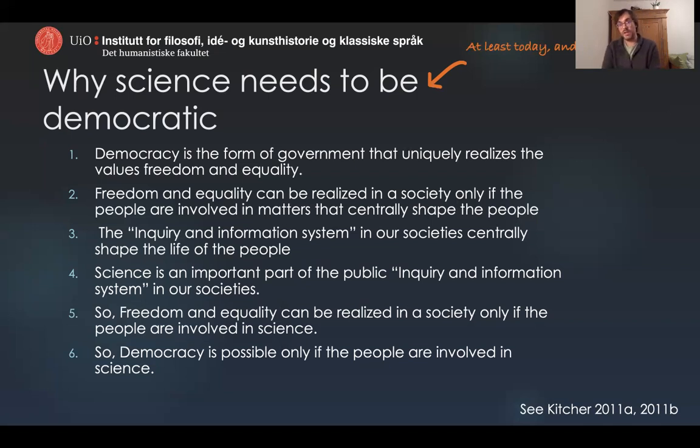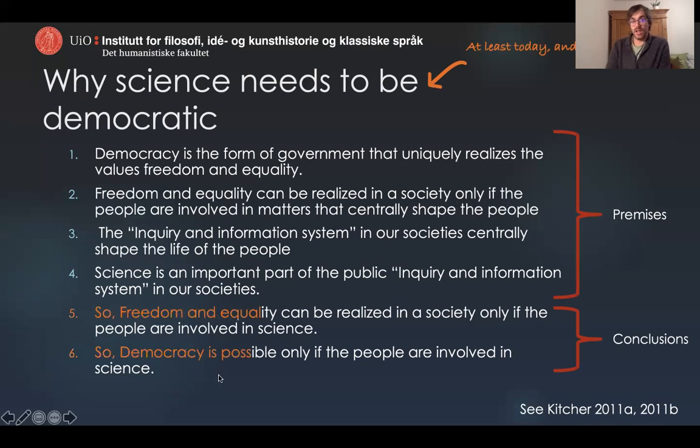That's an argument that one finds to some degree in this Kitcher article that I have assigned at the last minute, a little bit, in the readings that you're happy to read. You don't have to read it. This argument has some premises about democracy and about the role of science in society. And as a conclusion, it states that democracy is only possible if the people are involved in science.